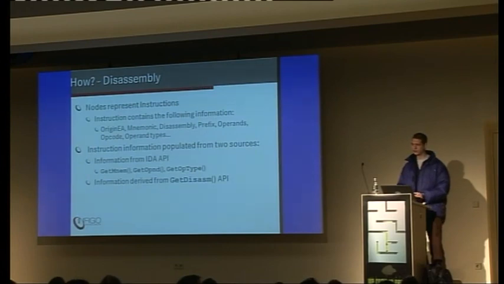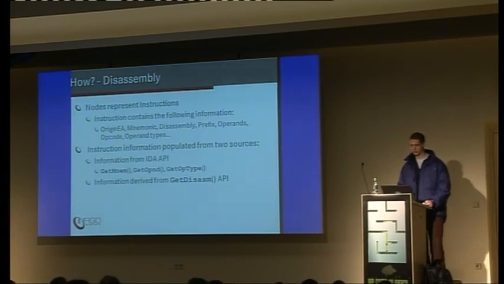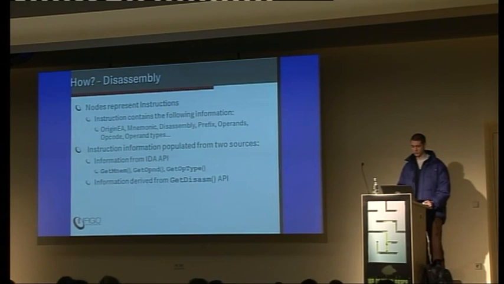And another way to collect this information is information derived from the get disasm function. Each instruction contains both representations and information from both sources. I'll discuss where each source is used and why.